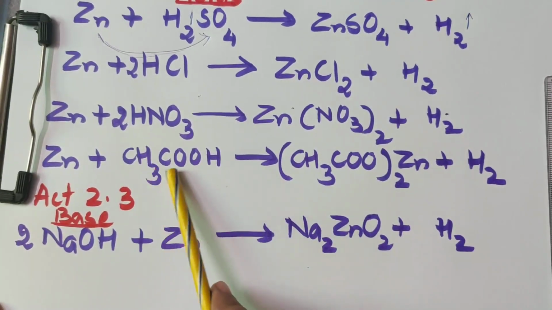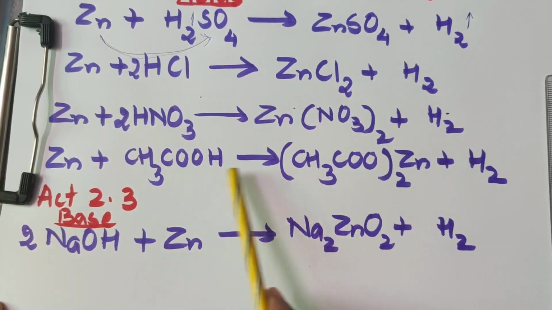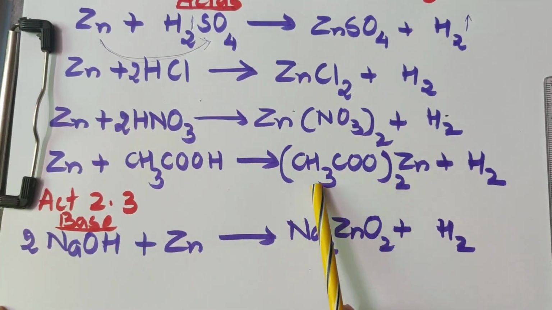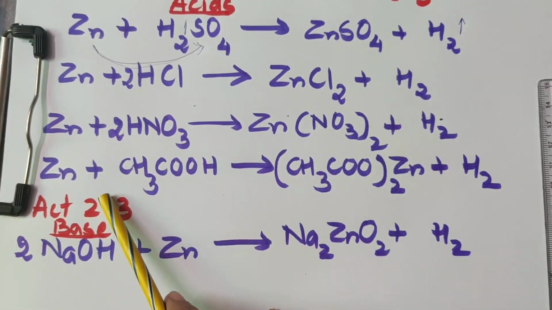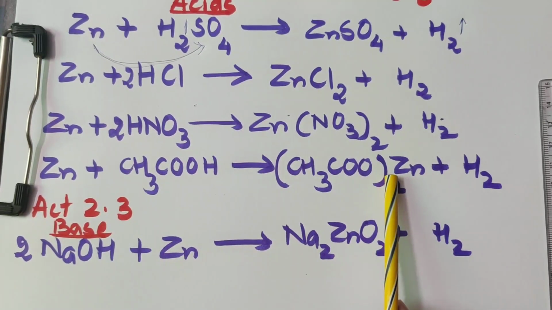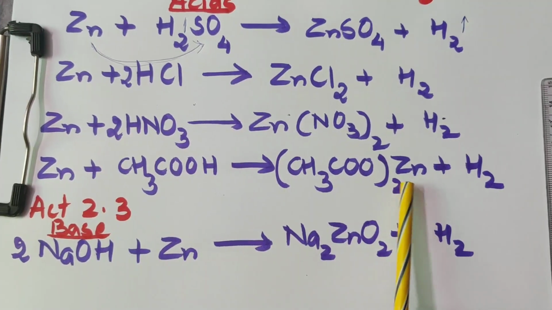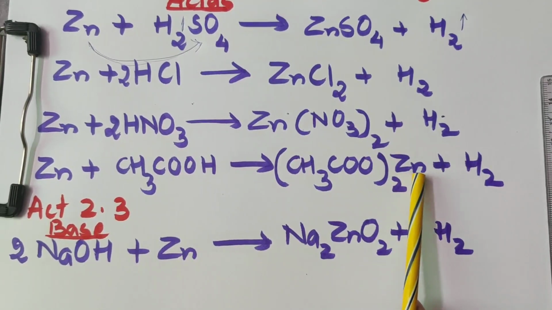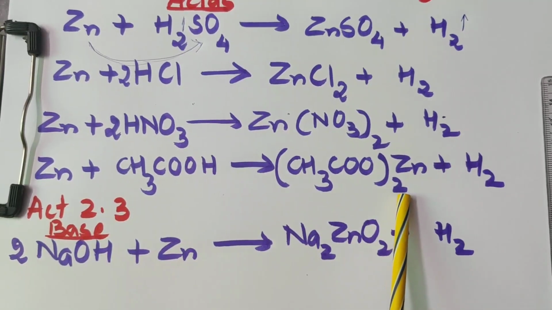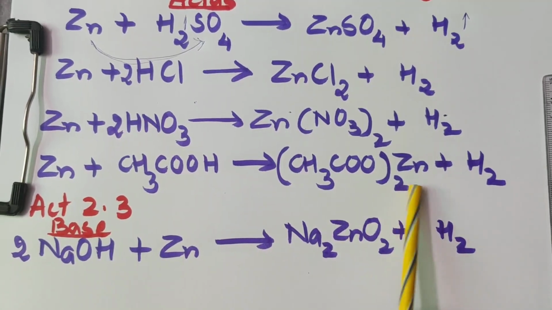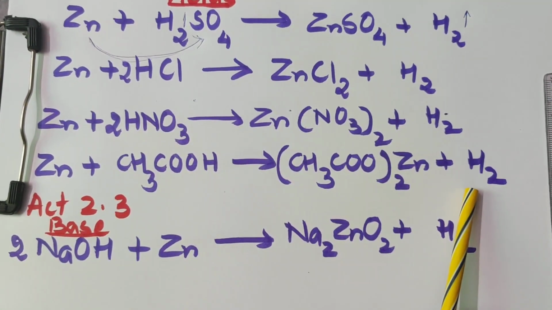In acetic acid, first comes the acetate chain, attached to zinc, because it is a mild acid. So zinc acetate is formed. The valency of zinc is 2, hence acetate is in a bracket with a subscript 2. So zinc acetate and hydrogen gas are liberated.